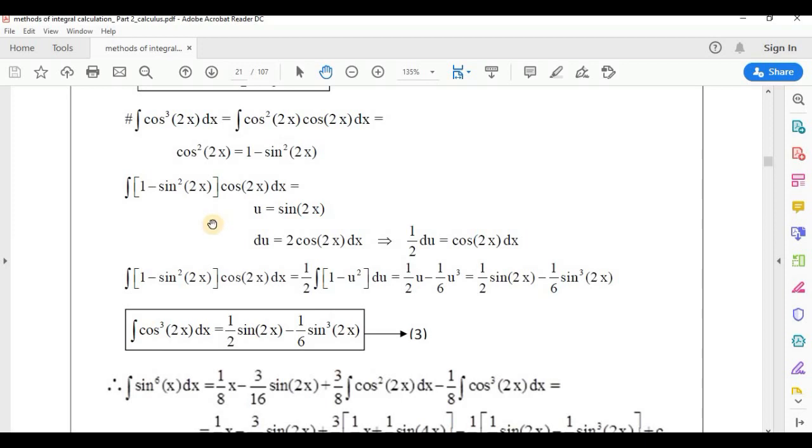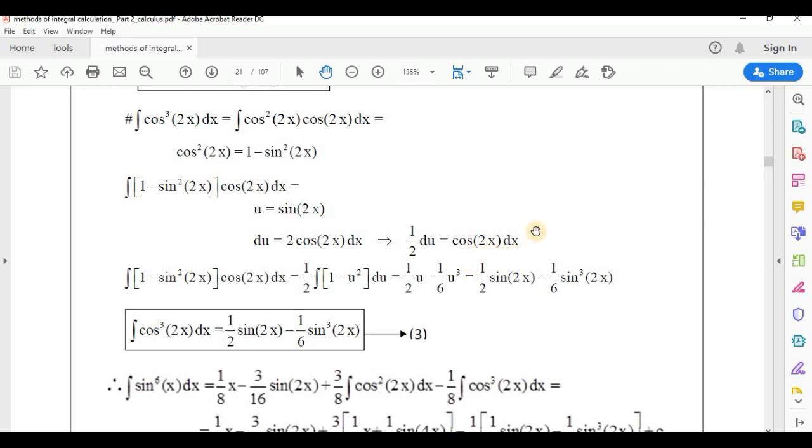Second step, we will use the substitution method to solve this integral. We will take this part for our assumption. So u equals sine 2x, and after taking the derivative of our assumption, du will be equal to 2 cosine 2x dx. And after dividing by 2 on both sides, we get half du equal cosine 2x dx.